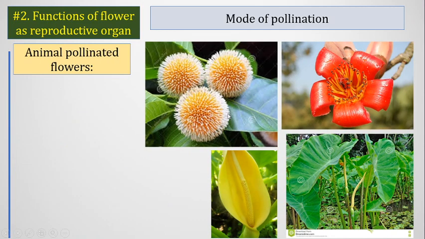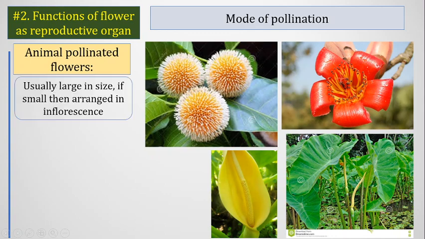And then the last one, we call them animal pollinated flowers. As examples, we say kodum, shimul, and taro, that means kochu gaser phul. So what are their features? Usually these flowers are large in size. If they're small, then they're arranged in an inflorescence.